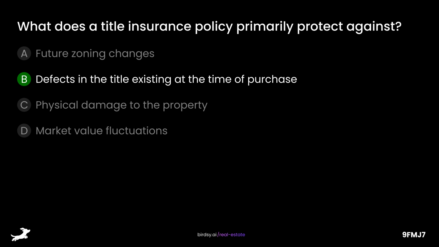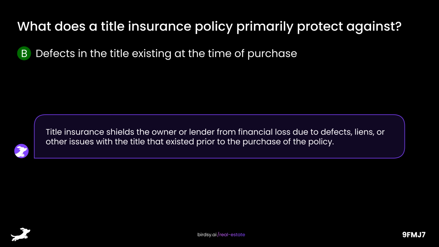The answer is B, defects in the title existing at the time of purchase. Title insurance shields the owner or lender from financial loss due to defects, liens, or other issues with the title that existed prior to the purchase of the policy.